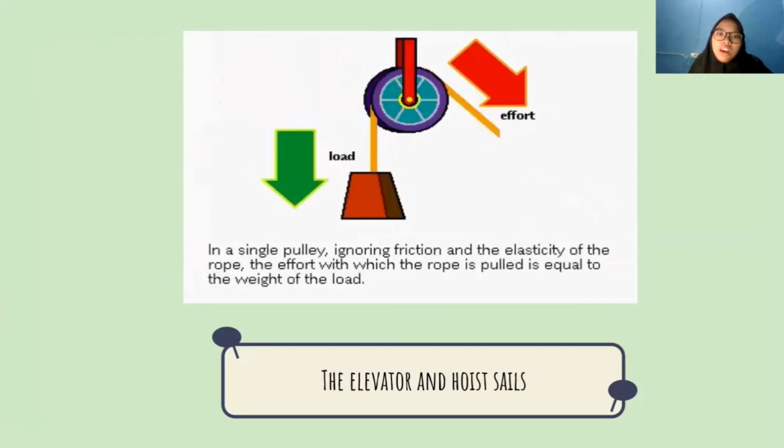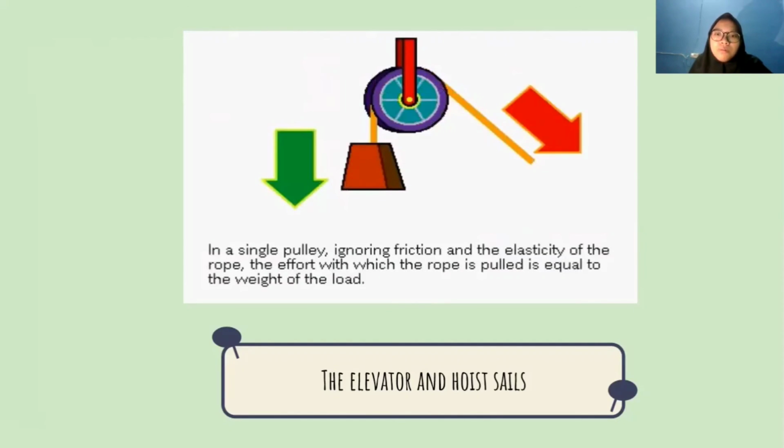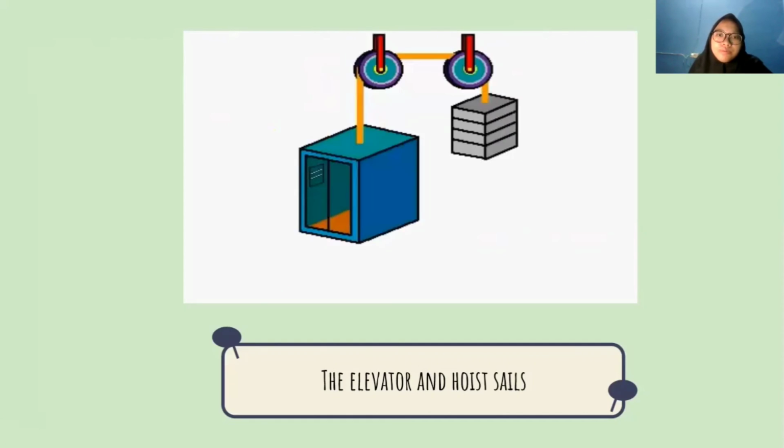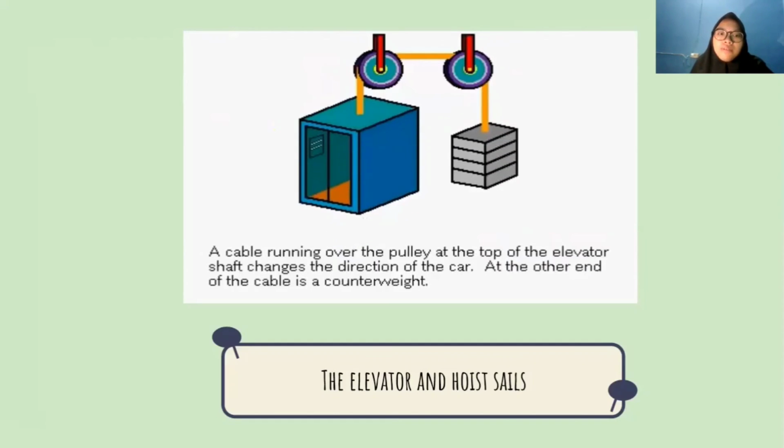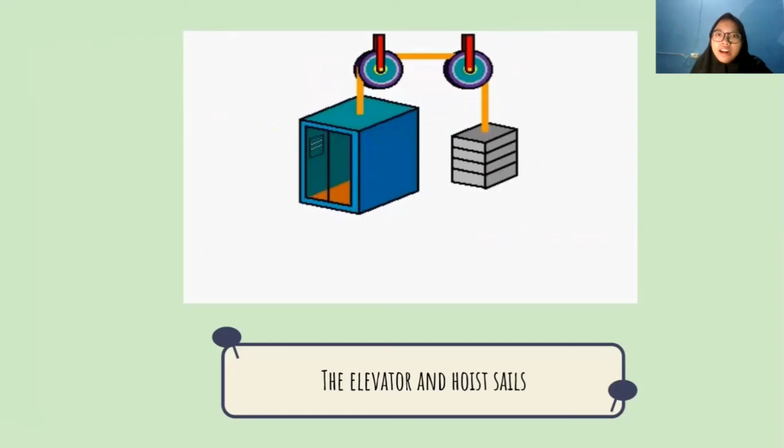With a single pulley, ignoring friction and the elasticity of the rope, the effort with which the rope is pulled is equal to the weight of the load. So this is the elevator using a single pulley. A cable running over the pulley at the top of the elevator shaft changes the direction of the car.